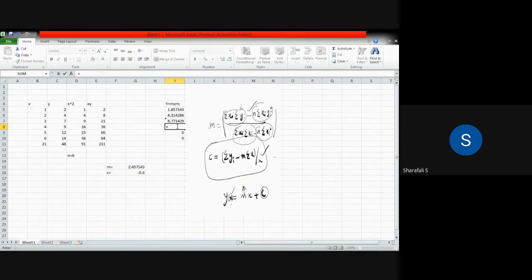So here also equal to m into x plus c. Here also equal to m into x plus c.